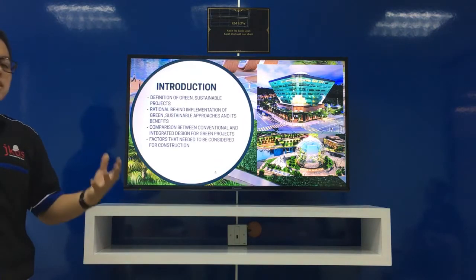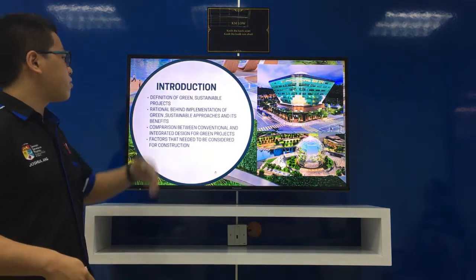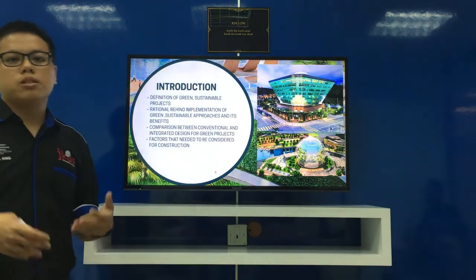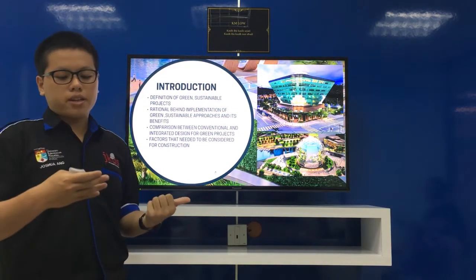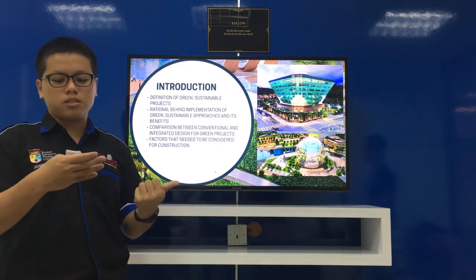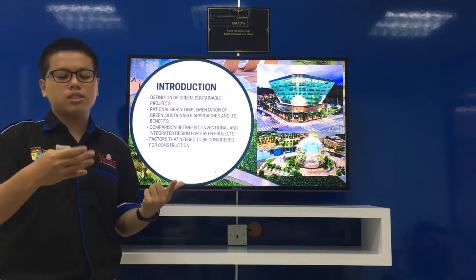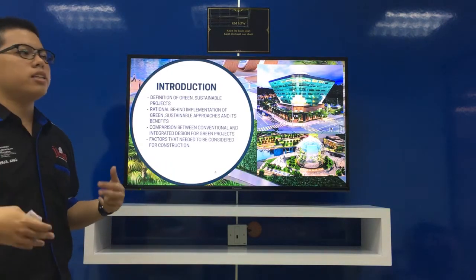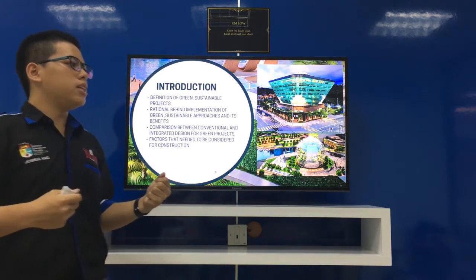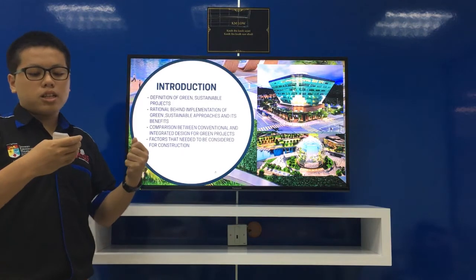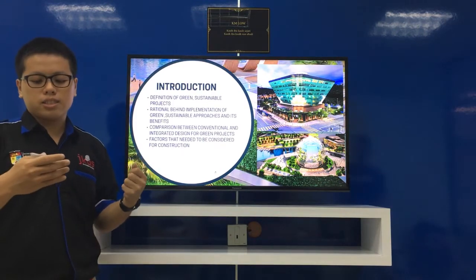Next, what are the benefits of green and sustainable approaches? Okay, first, it reduces negative impact on health and environment. It minimizes resource usage and gives better energy efficiency. So what are the principles in the implementation of green and sustainable ideas?